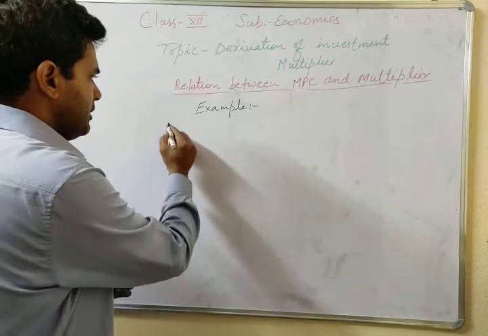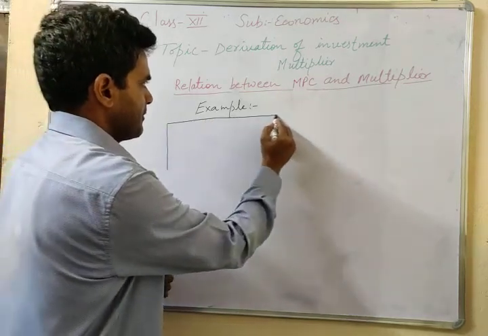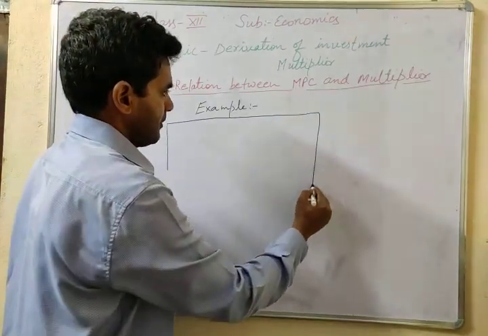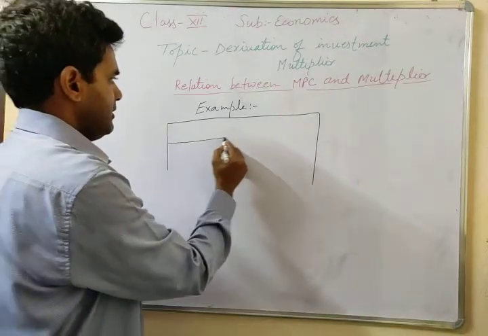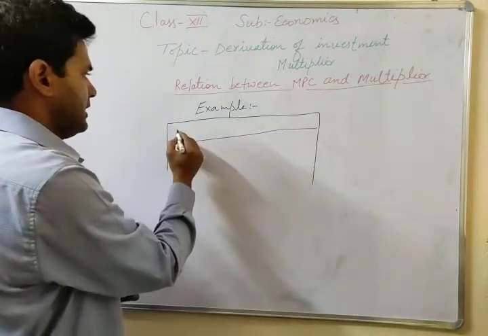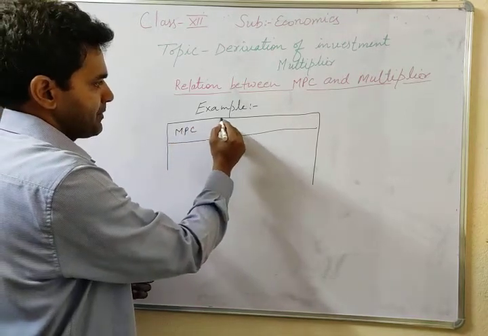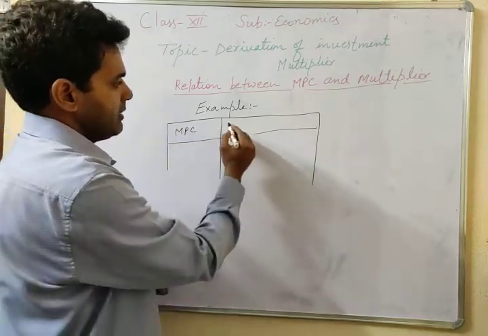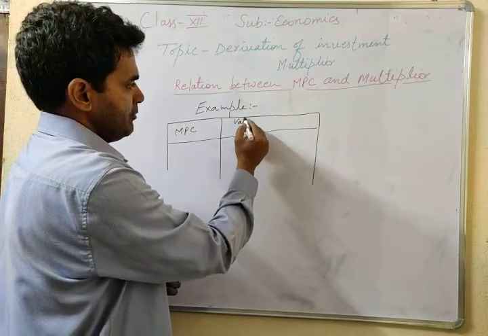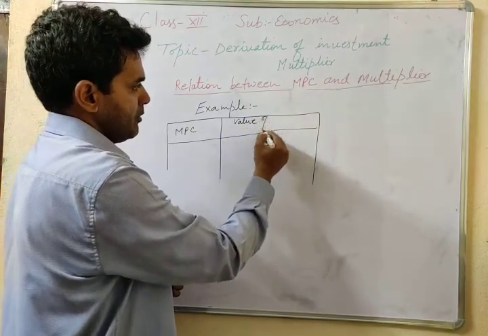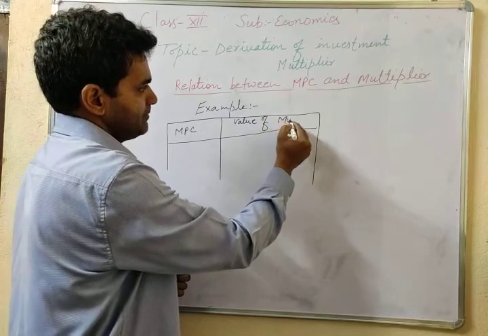Here I will draw a table and first I will write the value of MPC, then here I will write the value of multiplier.